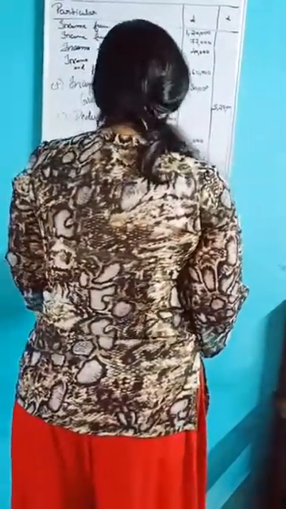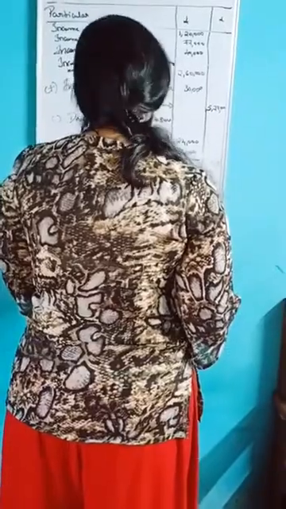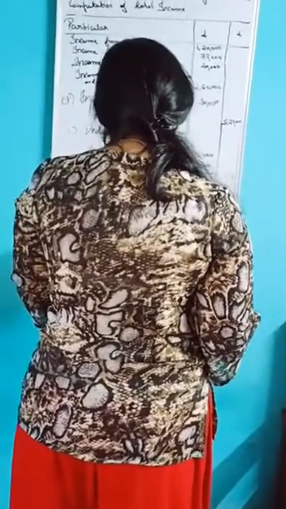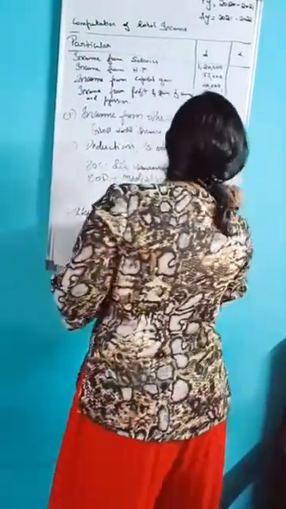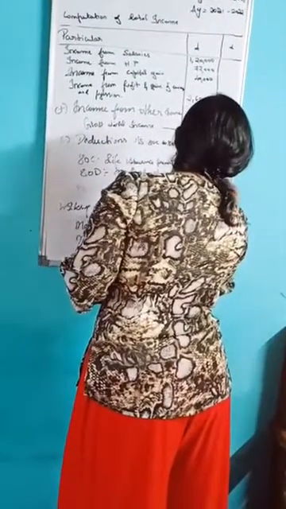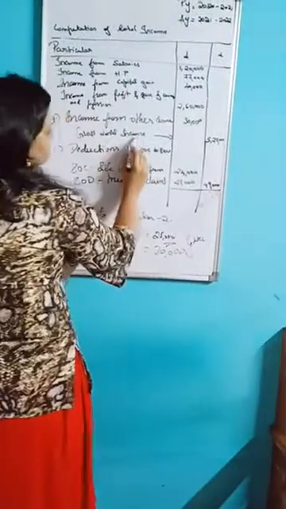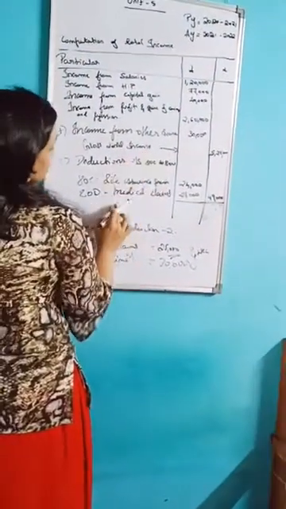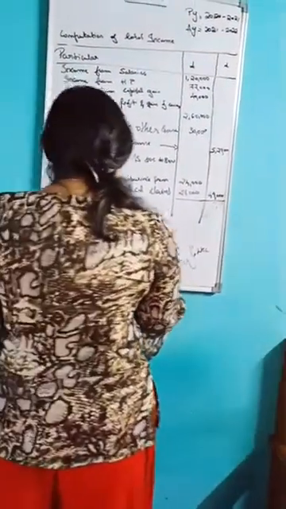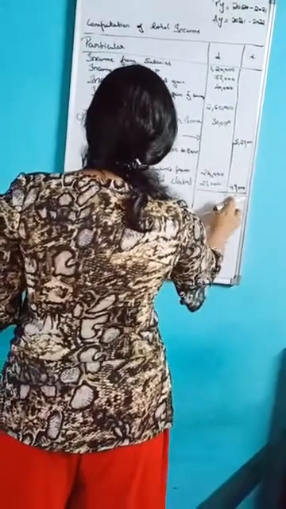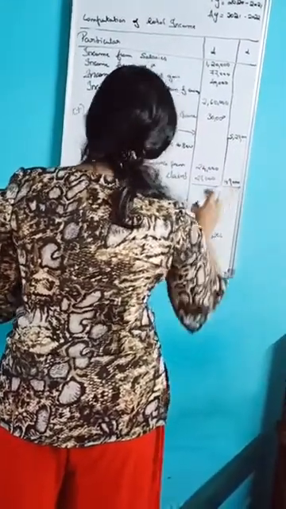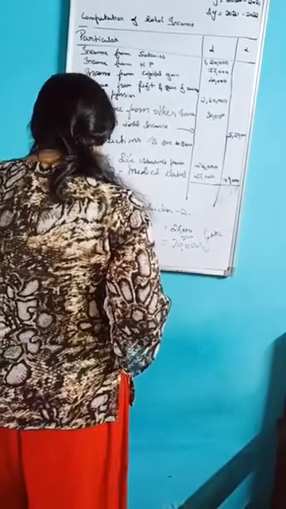You add both values. So 24,000 plus 25,000, you will get 49,000. And from gross total income, minus this value, the deduction part, that is 49,000, you will get total income.